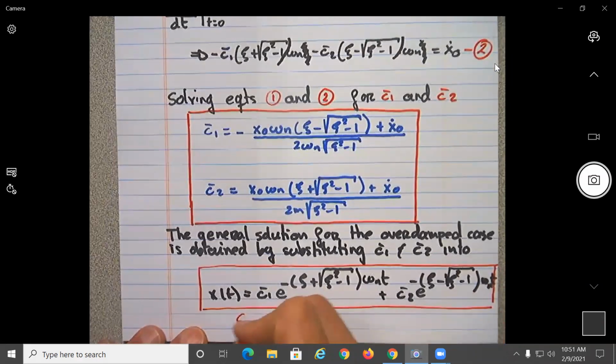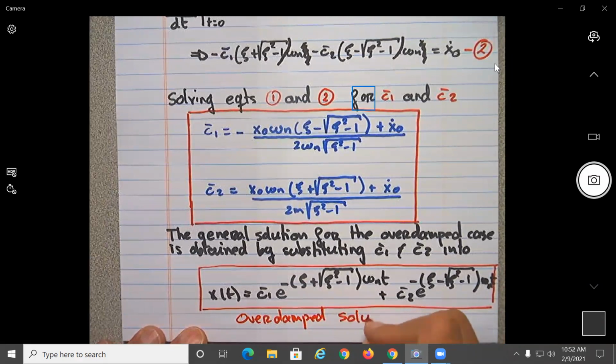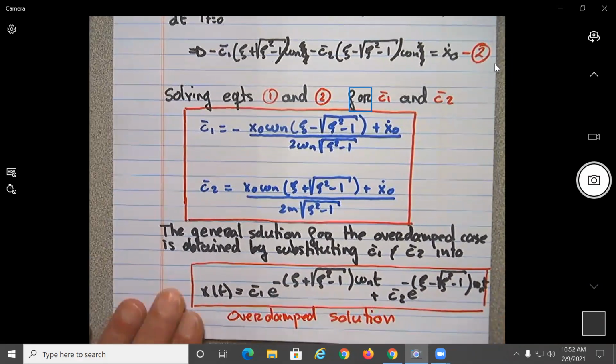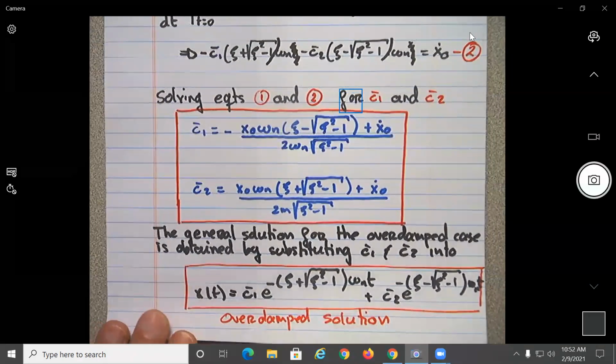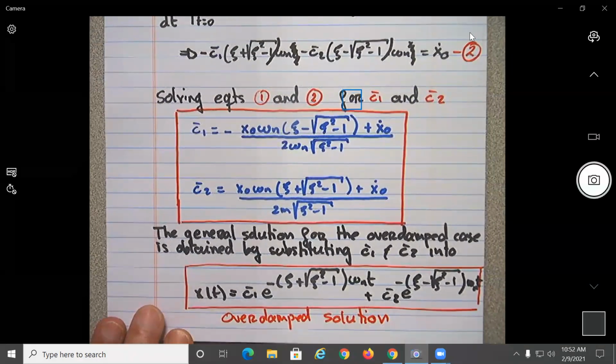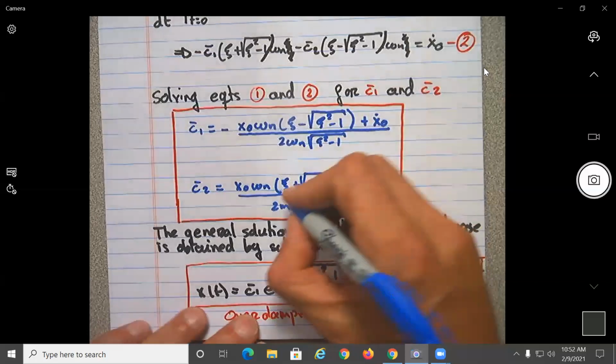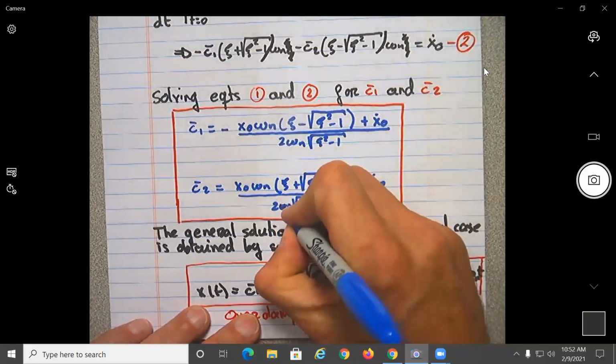And this is the overdamped solution. Yeah, so this is not m, it is omega sub n, okay?